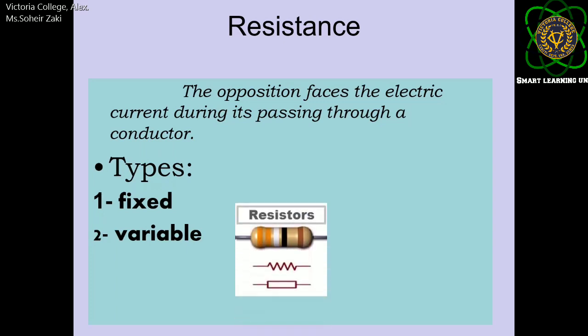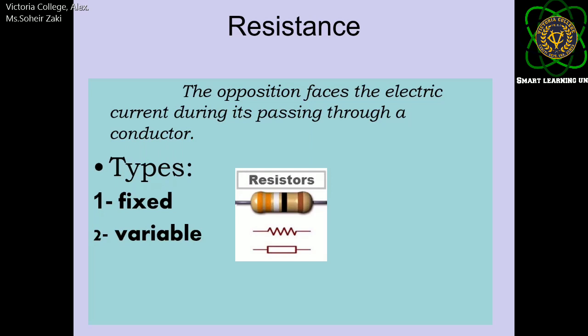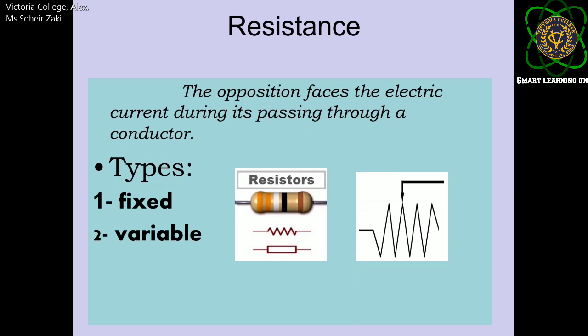The first is the fixed resistance or the fixed resistor, and the second is the variable resistor. The fixed resistor is fixed in the circuit, while the variable resistor can change the resistance of the electric current.